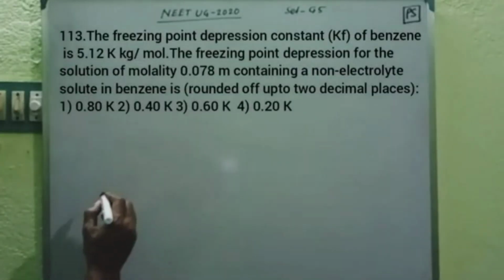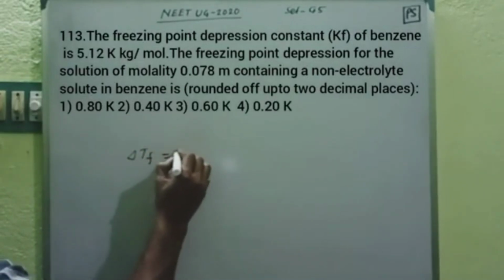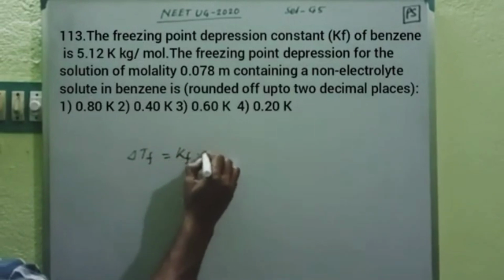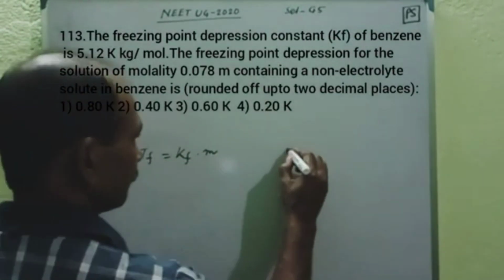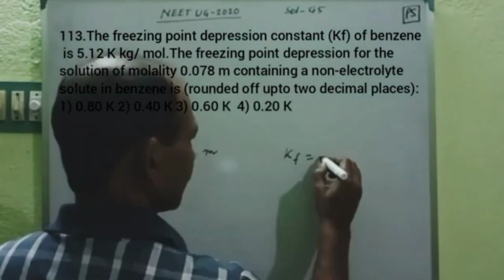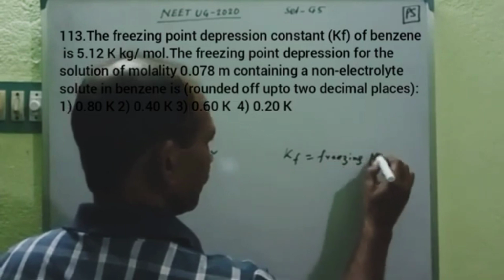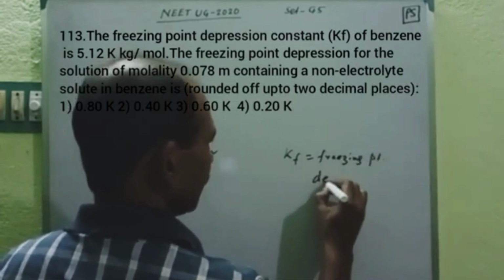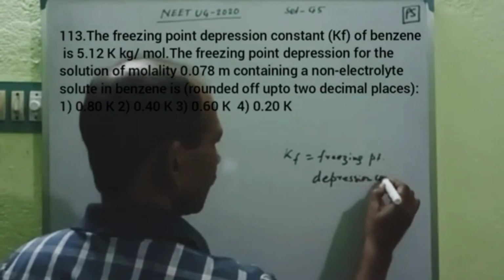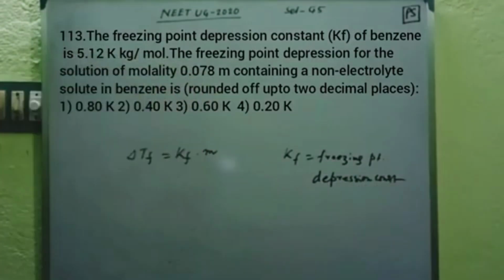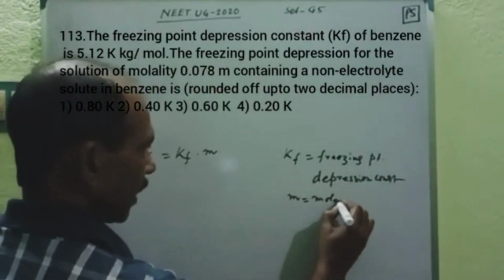We know the depression of freezing point ΔTf equals to Kf into m, where Kf equals to freezing point depression constant and m is the molality of the solution.